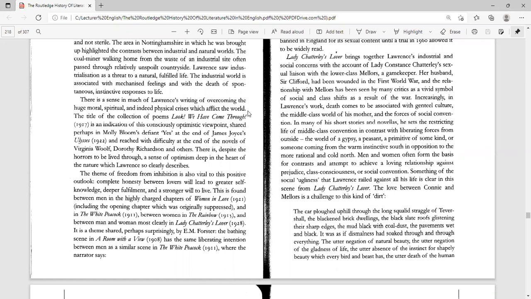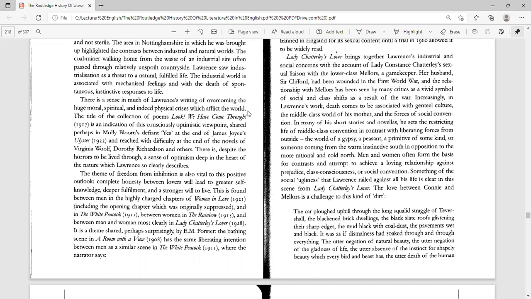He believes that complete honesty between lovers will lead to greater self-knowledge, deeper fulfillment, and a stronger will to live. This is found between men in the highly charged chapters of Women in Love and The White Peacock, between women in The Rainbow, and between men and women in Lady Chatterley's Lover.